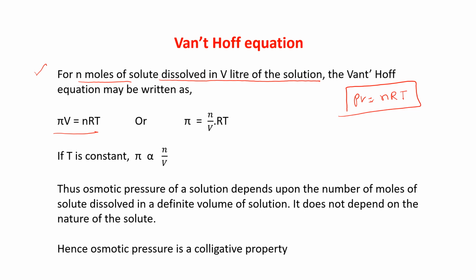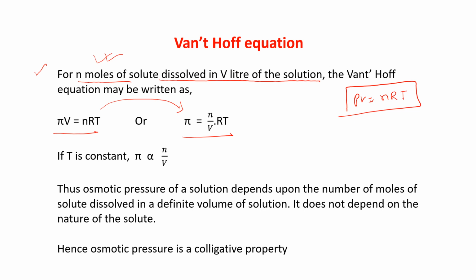Till now we have talked about the concentration of 1 mole dissolved in V liter. Now I am saying if n moles of solute are dissolved in V liter, then I can write pi V is equal to nRT. From there, pi is equal to n by V RT.